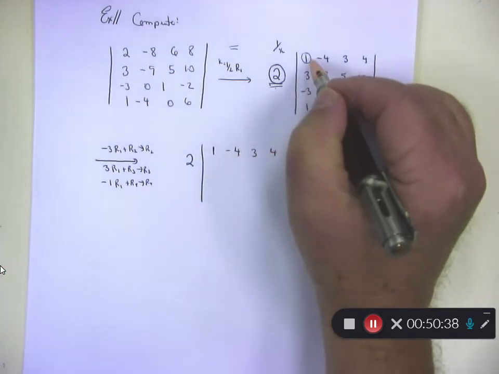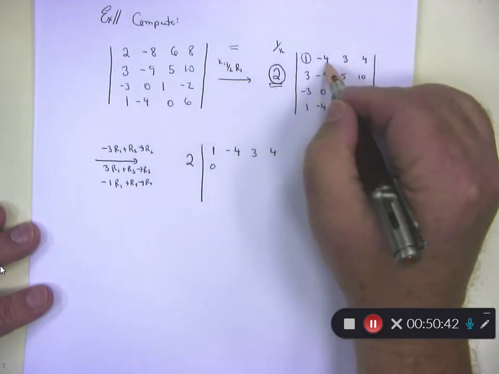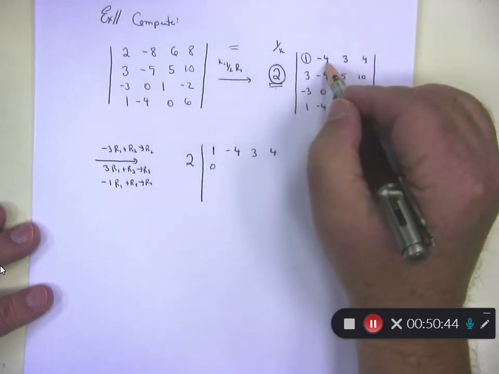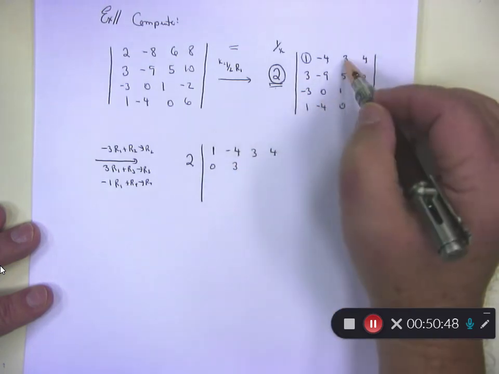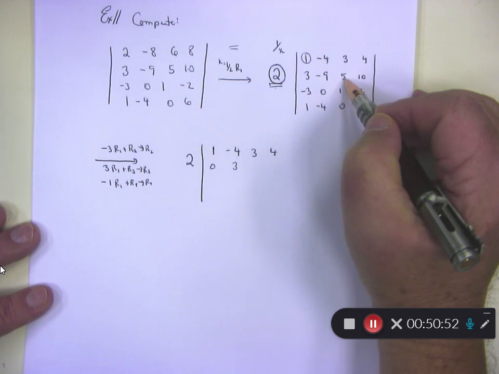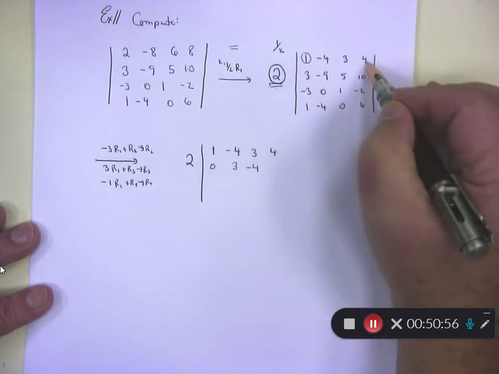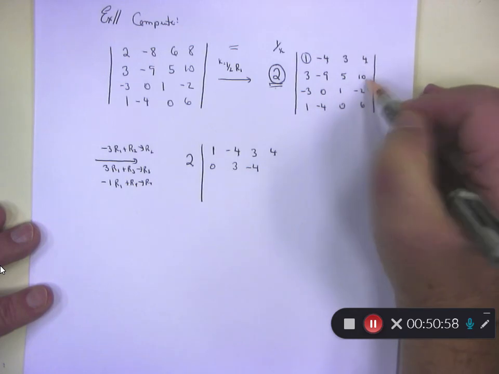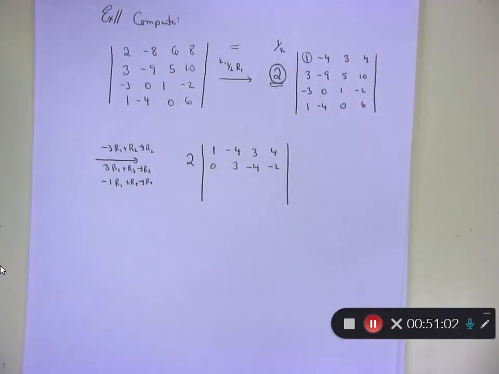Let's sweep down. -3 times 1 is -3 plus 3 is 0. -3 times -4 is 12. Plus -9, 12 minus 9 is what? 3. -3 times 3 is -9 plus 5. -9 plus 5 is -4. -3 times 4 is -12 plus 10 is -2. Agreed?